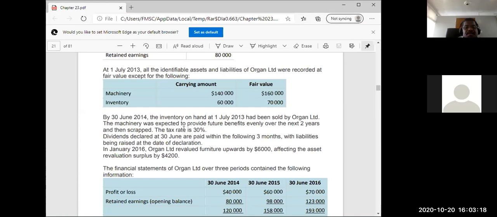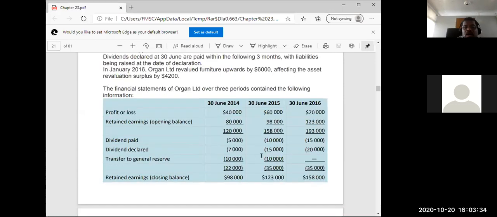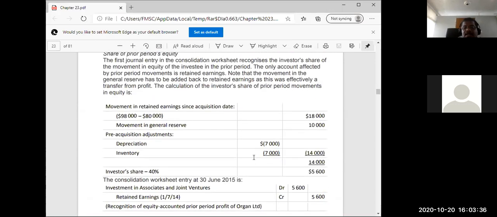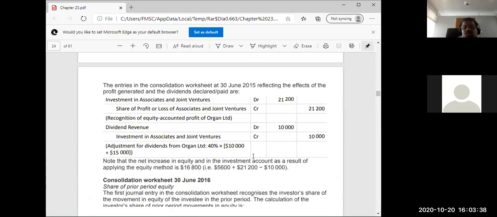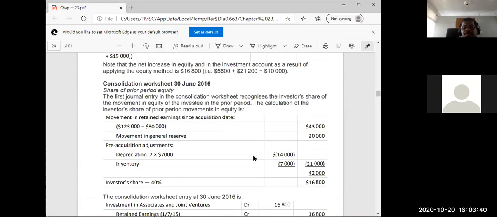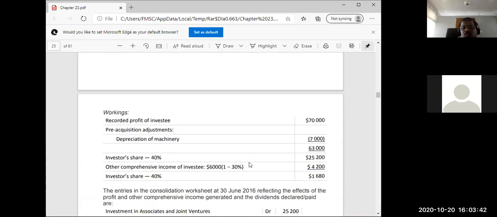In January 2016, Organ Limited revalued furniture upward by 6,000, affecting the asset revaluation surplus of 4,200. So thereby you have to bring that amount, that entry, to the books.